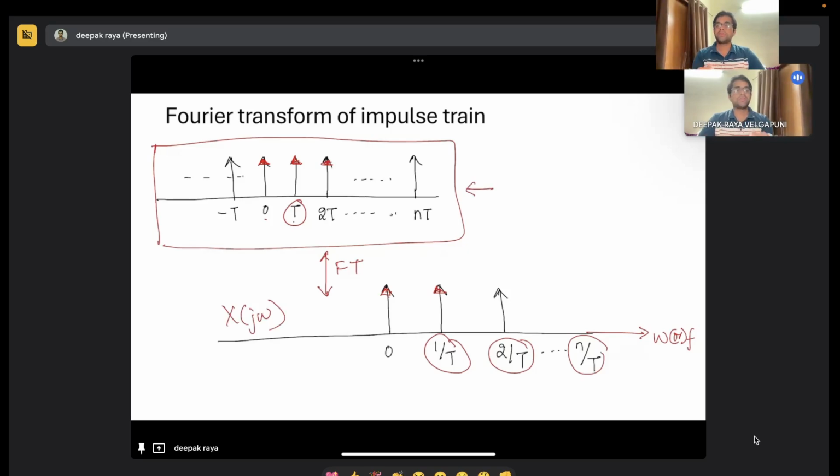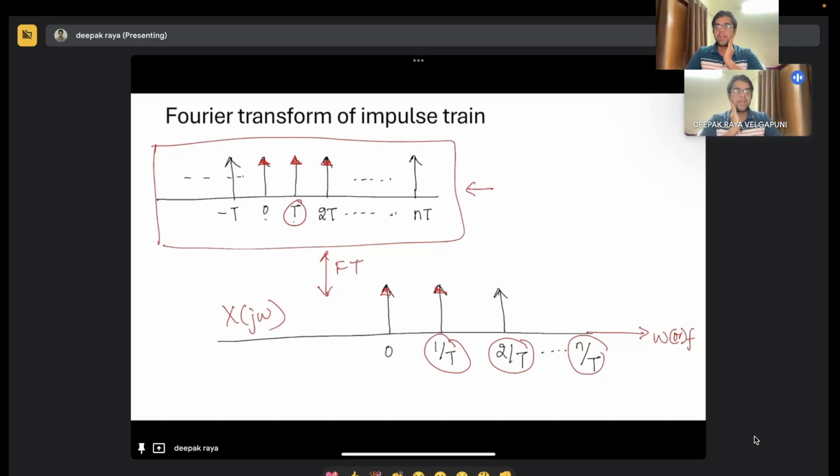So basically this is also a periodic signal. If you convert any periodic signal into a Fourier series, you will have sines and cosines, and the Fourier transform of sines and cosines will again be impulses at those frequencies. Based on that logic, the Fourier transform of an impulse train is an impulse train, just that the impulses are at reciprocals of the times at which the Dirac deltas are there.